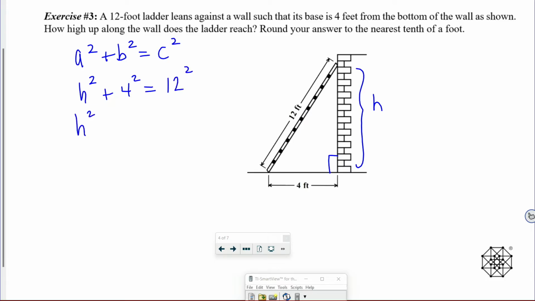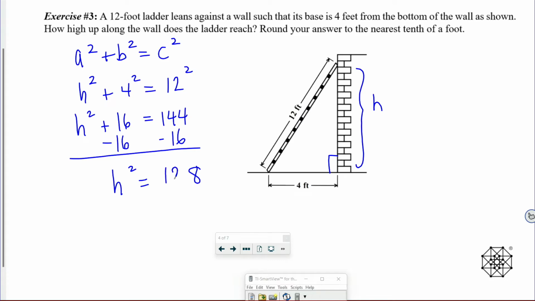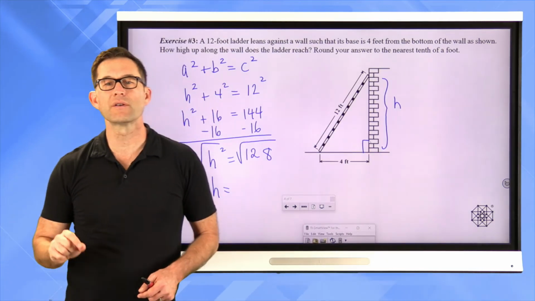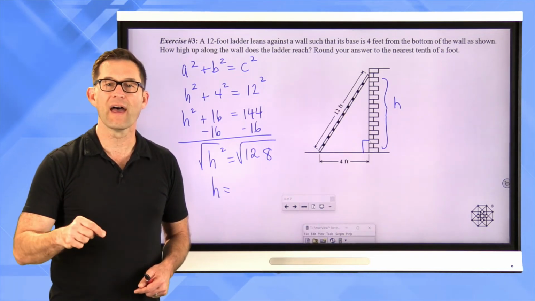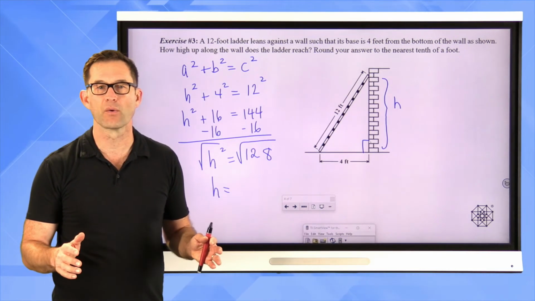So I'll get h squared plus 16 is equal to 144. Subtract 16 from both sides. That's going to give me h squared is equal to 128. Take the square root of both sides. Now, a lot of students at this point will start to think about what to do in order to simplify the square root of 128.